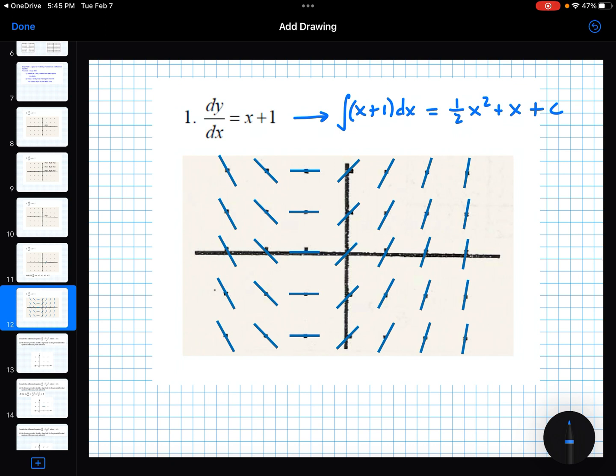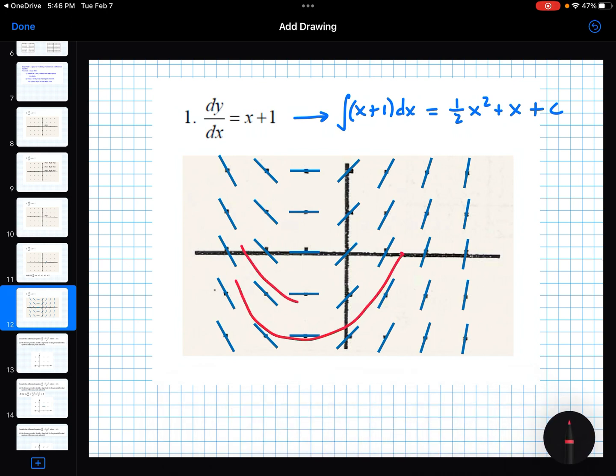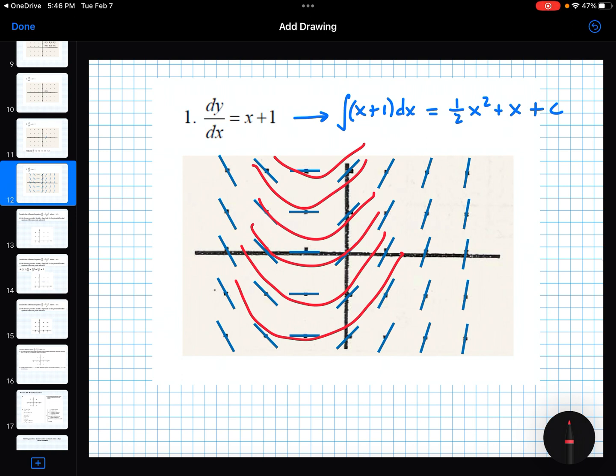So you have this family of parabolas opening up, and I hope you can see that within the slope field here. You've got a parabola there opening up, a parabola there, a parabola there. They all just differ by a constant, right? And the slope field, all of those little tangent line pieces, when you step back and look at what picture they're creating, will show you the behavior of the family of parent functions there.